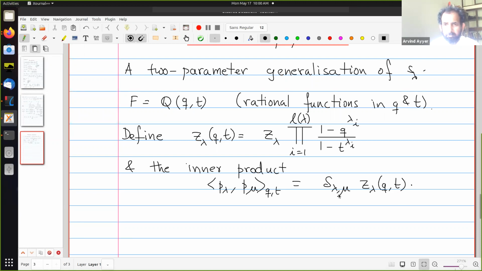So if you compare with the Hall-Littlewood case, we only had the denominator 1 minus t to the lambda i. And so what Macdonald did was to add 1 minus q to the lambda i to the numerator.